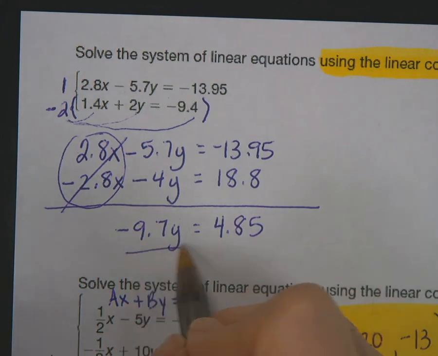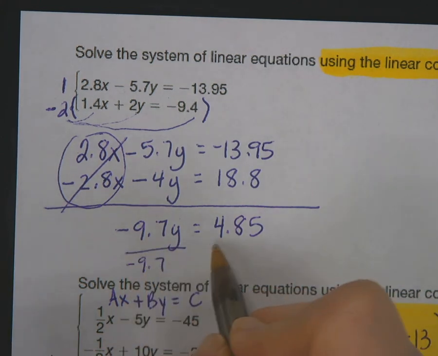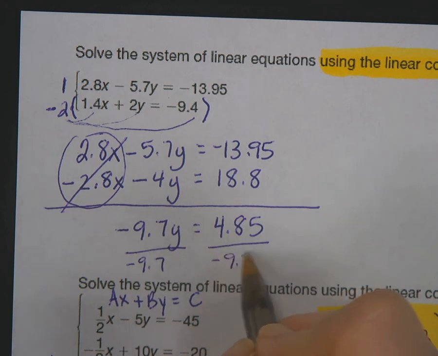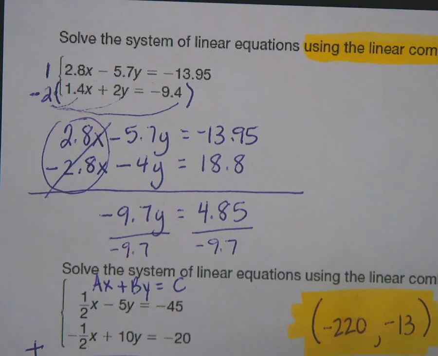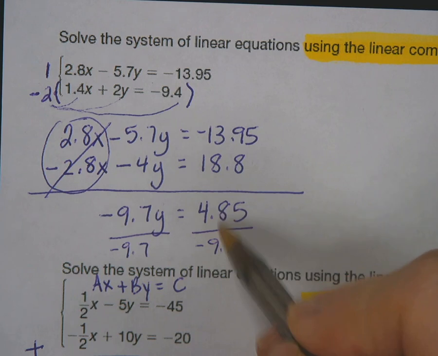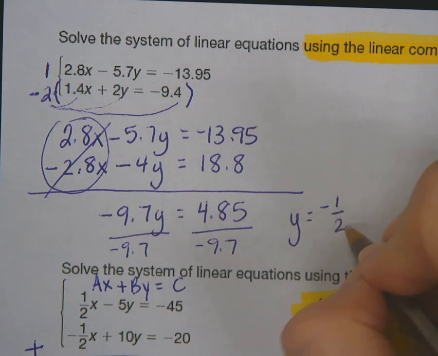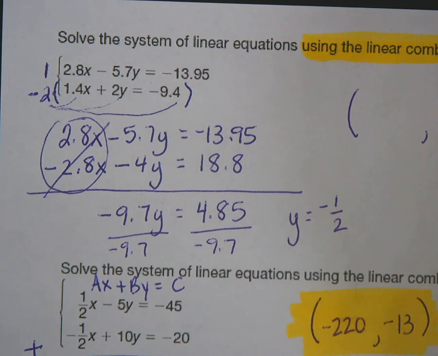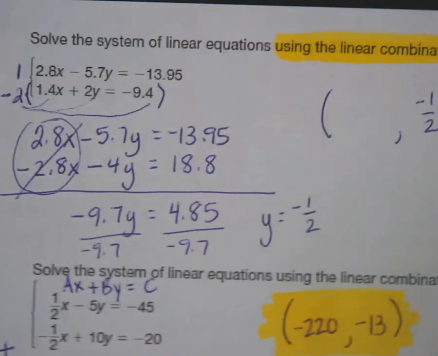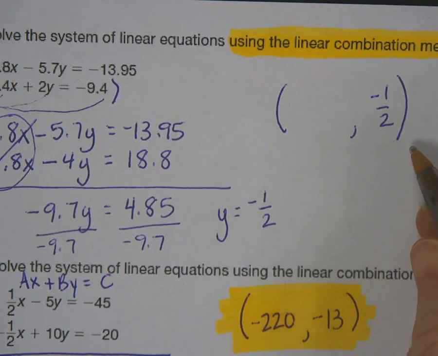Now I'm going to divide both sides by negative 9.7. So when I do that, I get y equals negative 1/2. So that is half of our ordered pair.